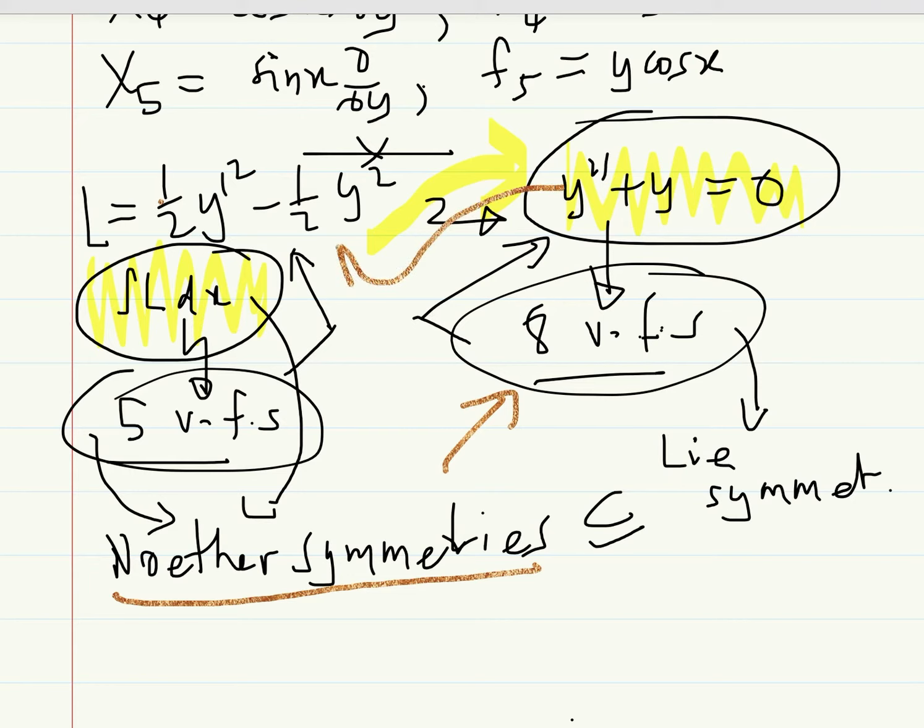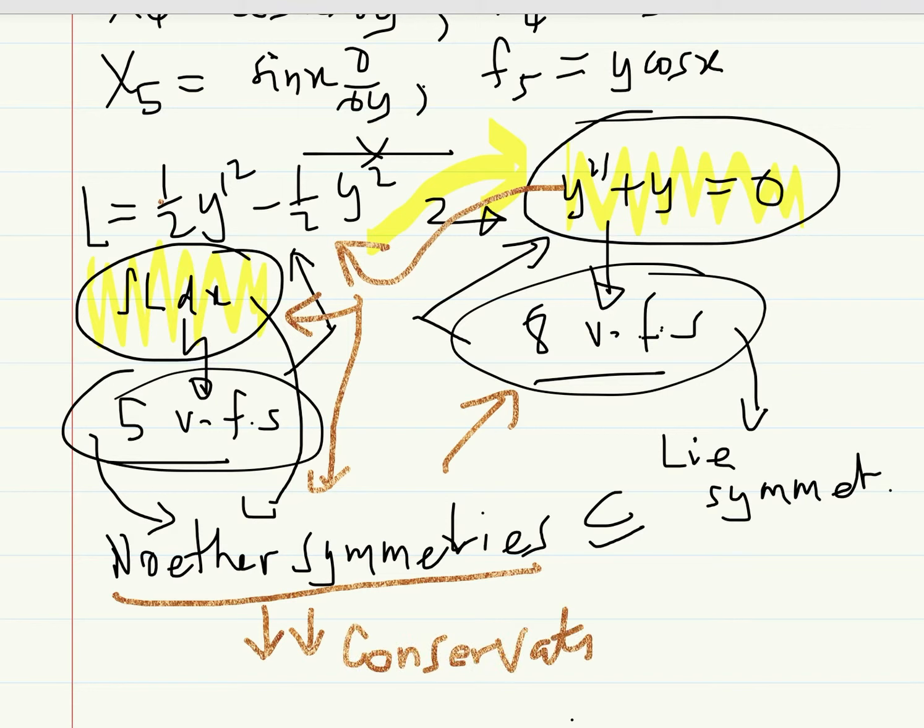If we know a Lagrangian of the differential equation, we study the invariance of the integral by this procedure that we've just discussed, and find the Noether symmetries. It turns out that these Noether symmetries, by way of a formula, lead us to construct first integrals, in other words, conservation laws.